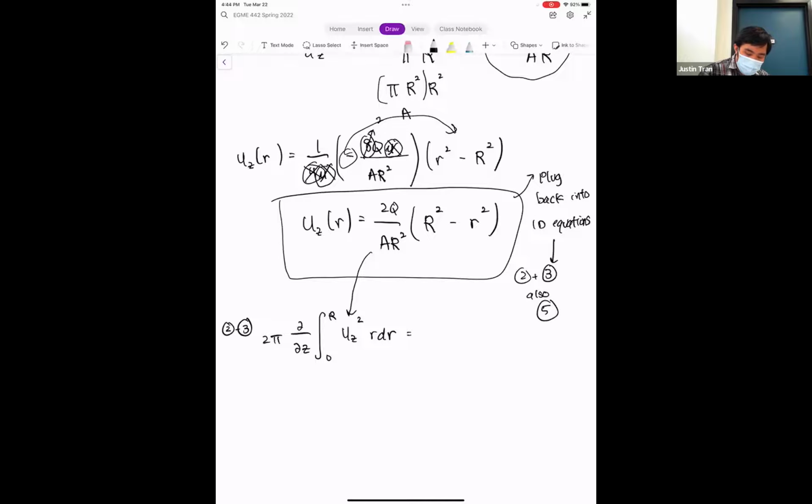If we do that, we have 2 pi partial z integral from 0 to big R of 2q divided by a r squared, quantity squared, multiplied by big R squared minus little r squared, squared, r dr.